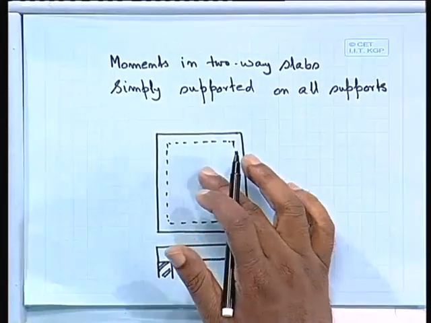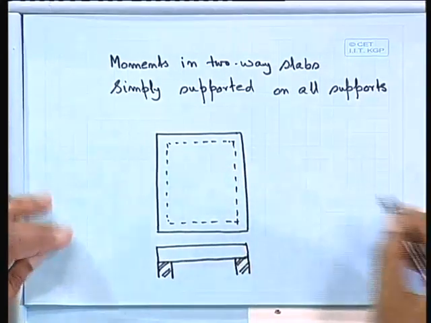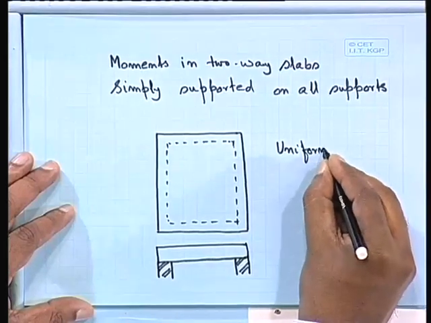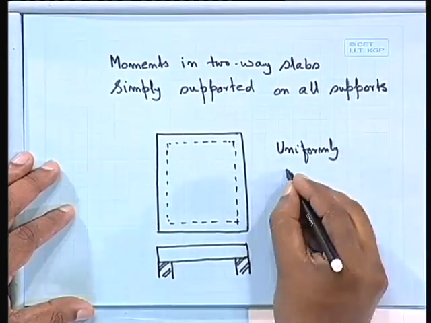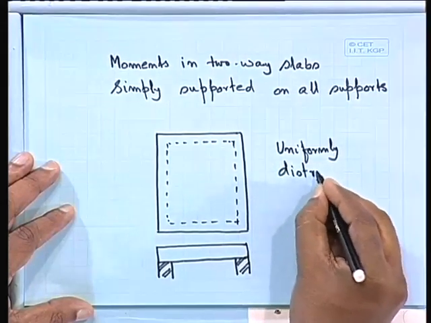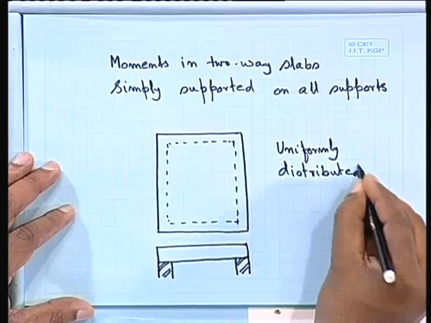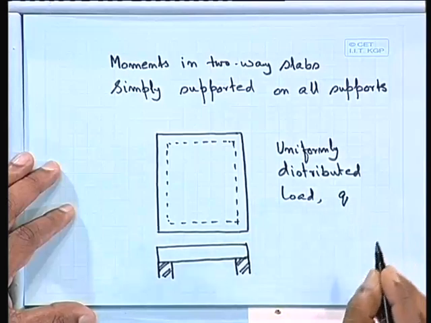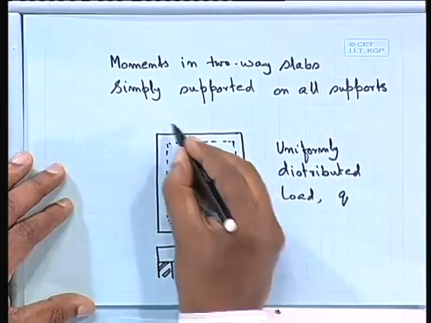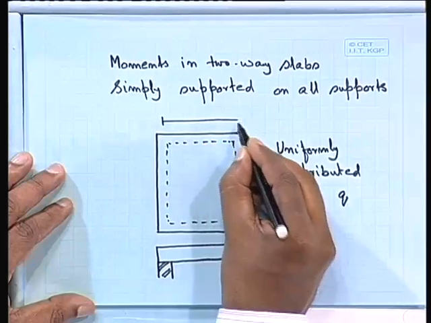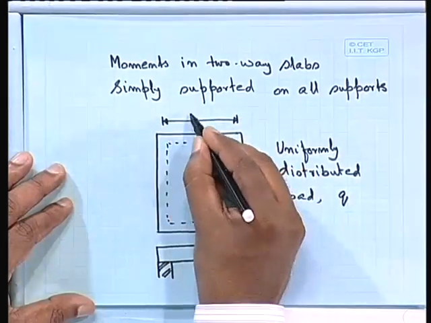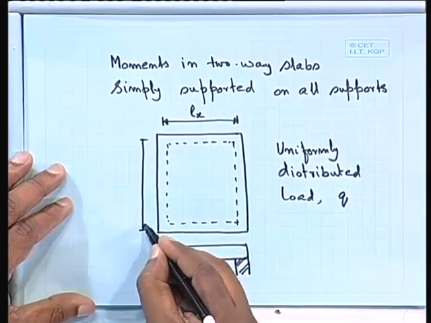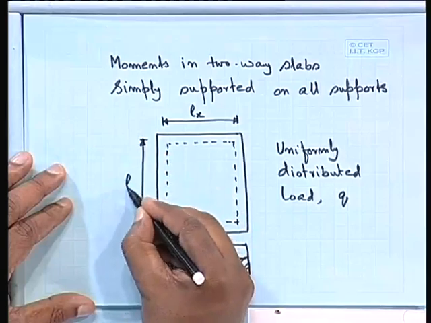That means whatever load we are getting here, maybe we can say uniformly distributed load, let us say that is Q. We can take the center to center distance or the effective span, whatever we call it, this is Lx and the other side we are having Ly.